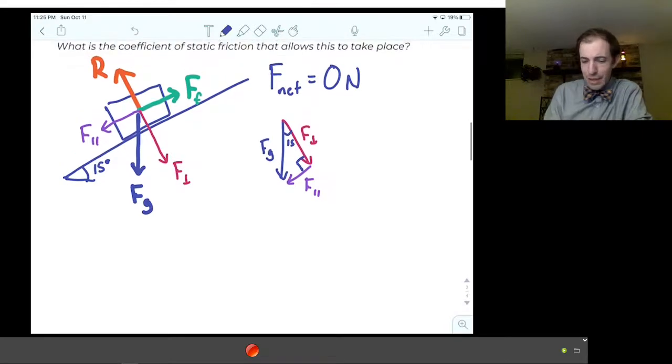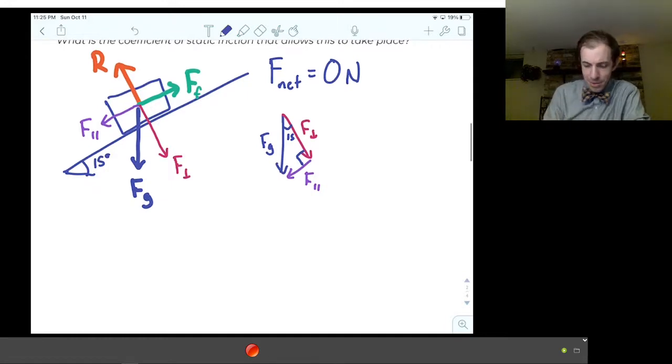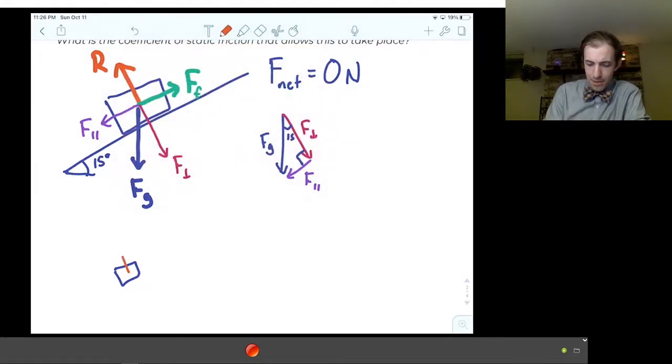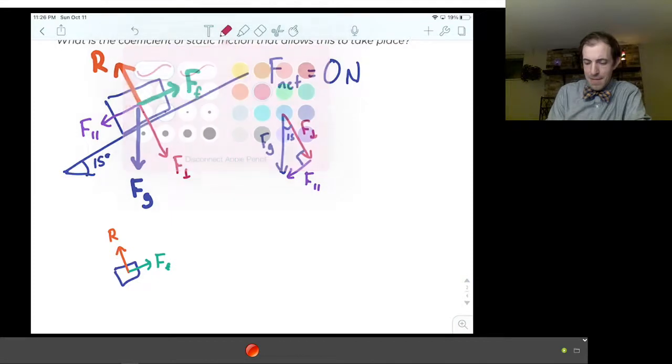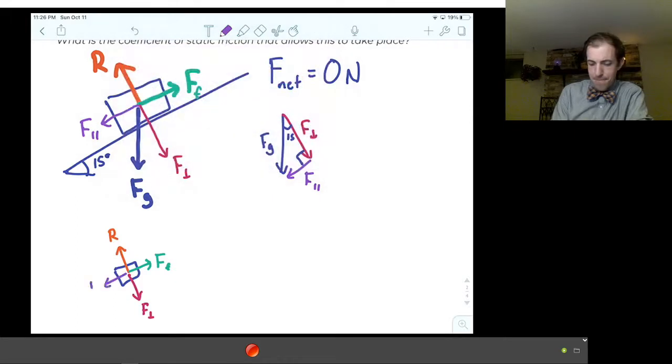So I'm going to redraw my free body diagram just to include these 4 forces that are either parallel or perpendicular to each other. So I have this here where I've got R pointing up. I've got force of friction here. I've got F perpendicular. And I have F parallel.